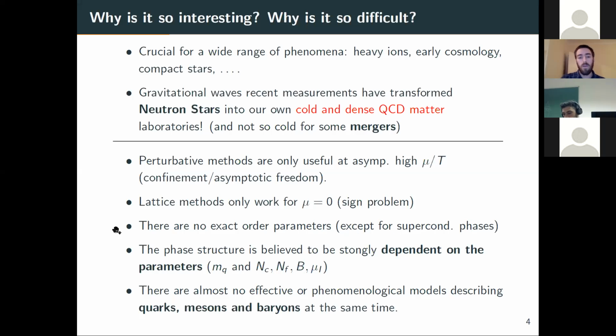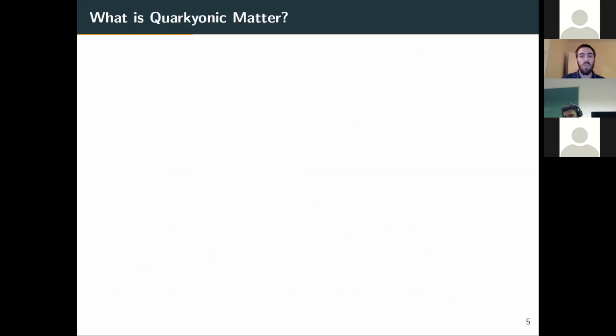The phase structure of the system really depends on a lot of the parameters, on the masses of the quarks, on the number of colors or flavors, on whether you have a magnetic field or isospin asymmetry, etc. And one of the main reasons why it's difficult is that it's very hard to construct a model that can describe quarks, mesons, and baryons and compare their free energies of different configurations at the same time.